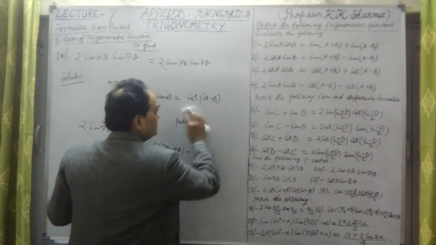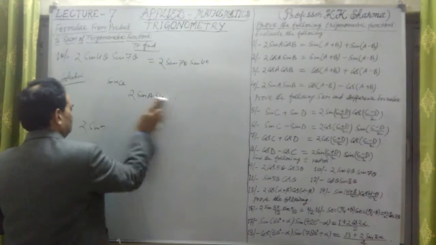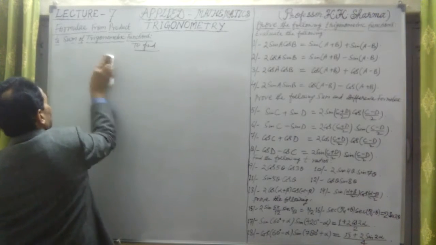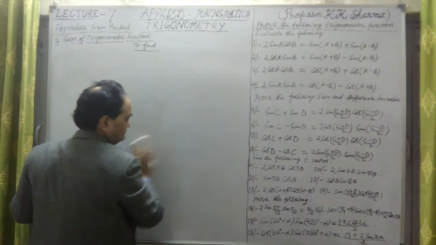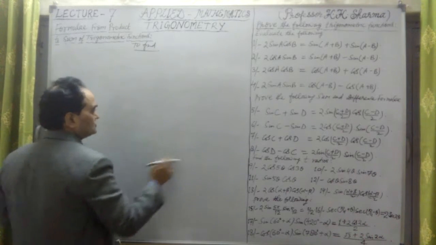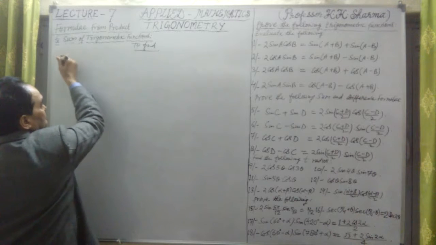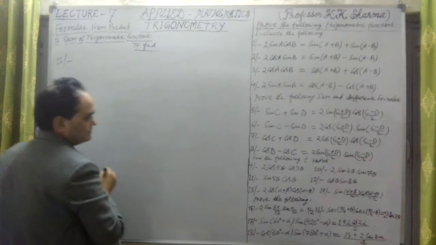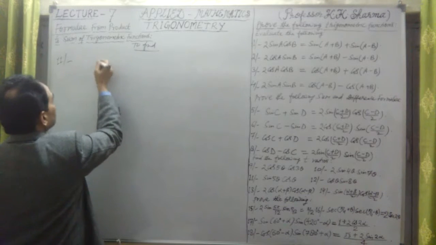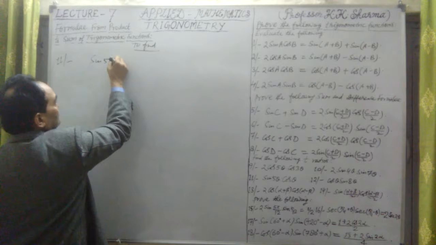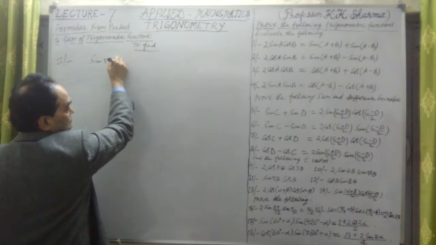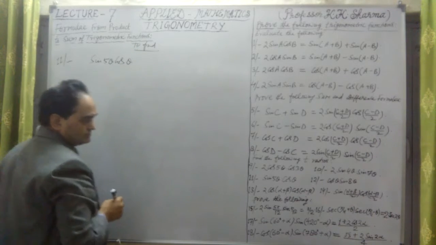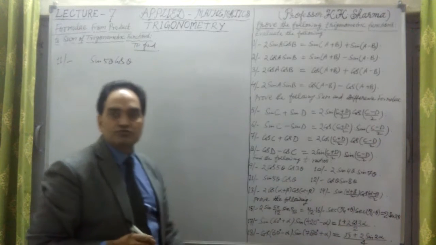Now let me take question number 11. Let me check what it says. Question 11 says find the value of sin 5 theta into cos theta.